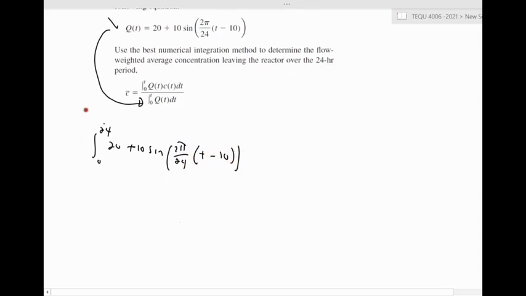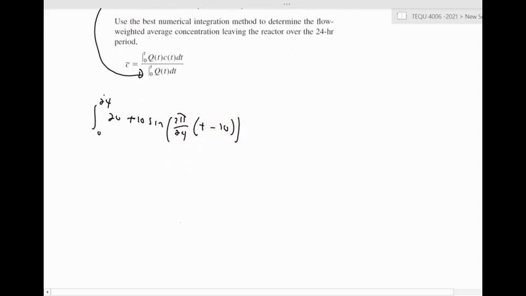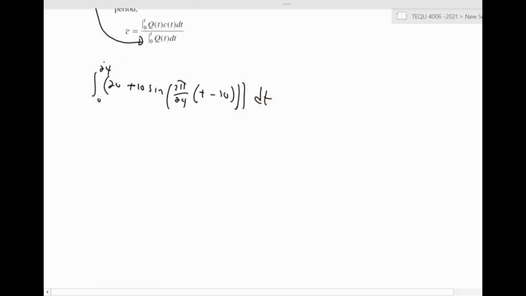Close that up. And that's dt. All right, that's this with this, this with this. Let's put another one here, and that would be dt. Right, so we're going to break this integral in two parts.